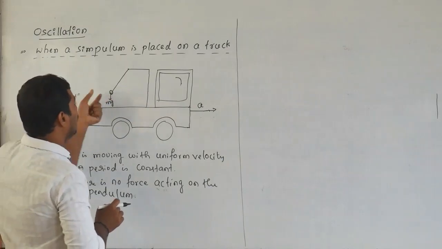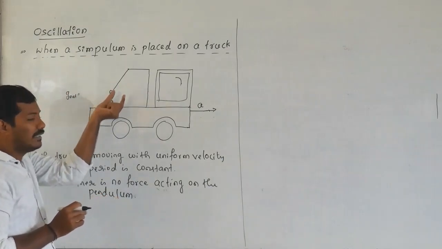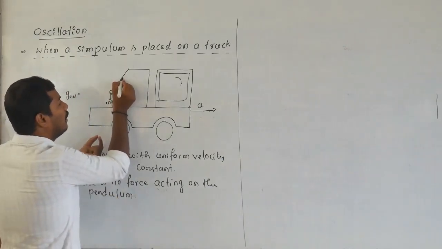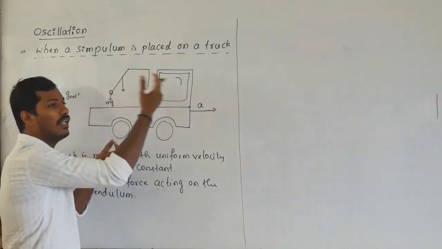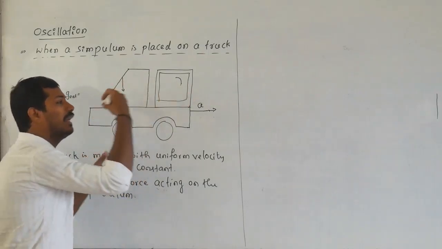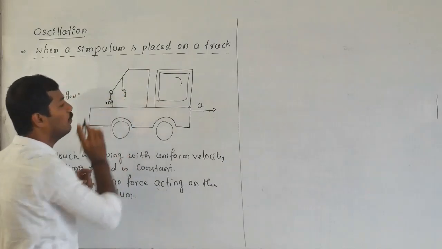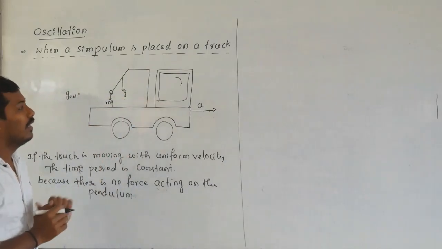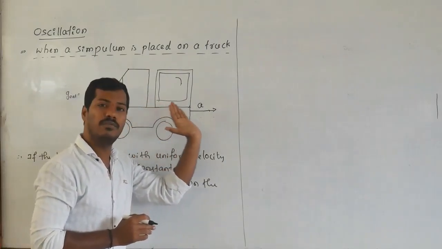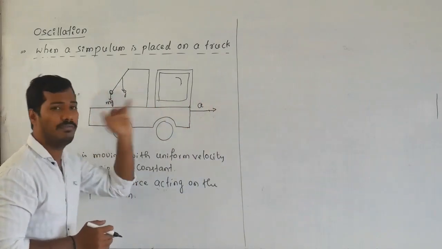The body is always directed towards the ground. The downward force is called mg, and the downward acceleration is called g only. But here the body is also moving forwards.